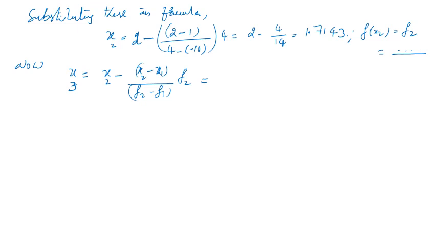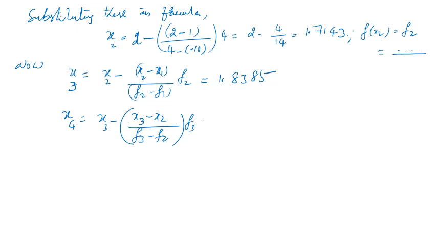You will get x3 as 1.8385. Similarly, x4 equals x3 minus (x3 minus x2) by (f3 minus f2) multiplied by f3. After this, calculate f3, that means f of x3 value. You calculate this value and substitute in x4.